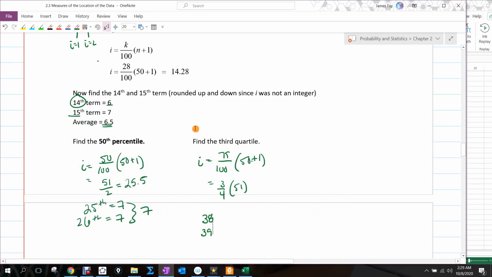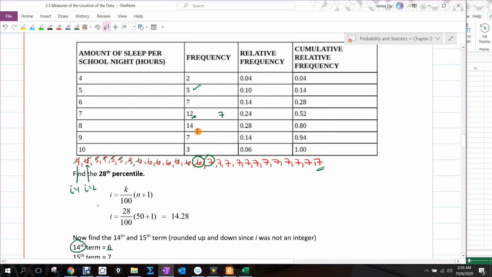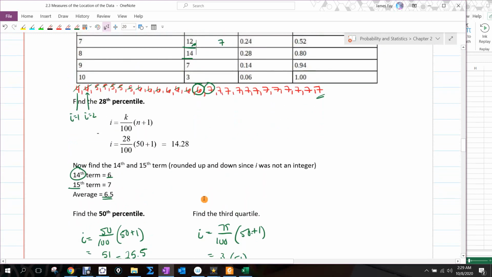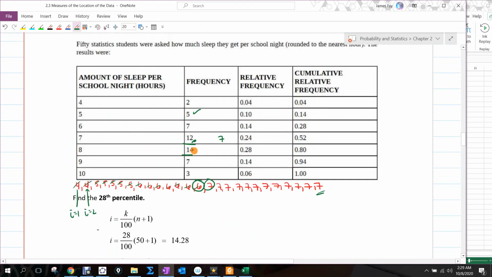So the 38th term. Okay, so running total here. So far this would have been 26. So then I'll add 14 to that, and that gets me to what, 40? Okay, so 26, 40. So that tells me that the 38th term would have been back 2 from this.